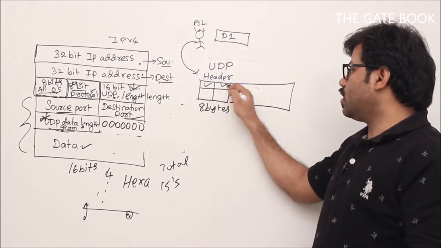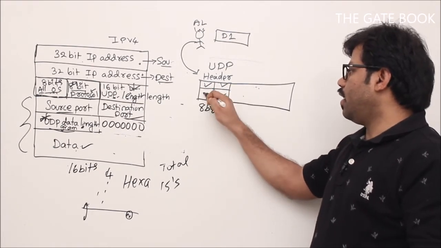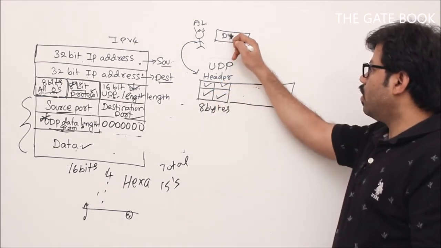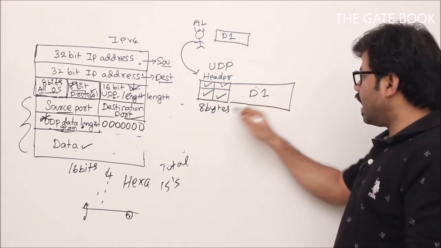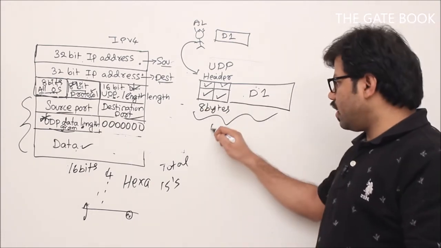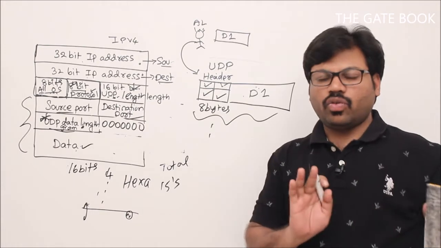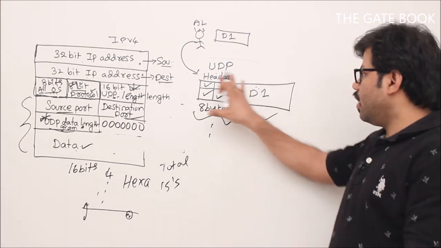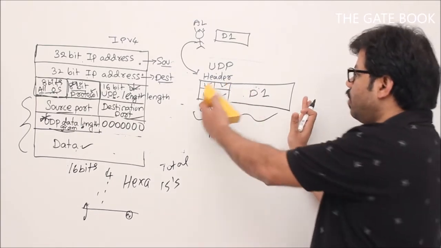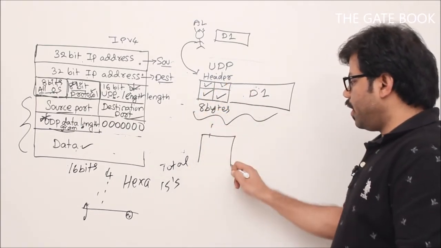Source port, destination port, checksum and data length, correct? Now apart from these 4, data D1, this is the exact packet which will be sent. Of course, after that the network layer adds its own header. I don't want to talk about that, but at the transport layer, this is the data. This will be taken by your IP as a payload.